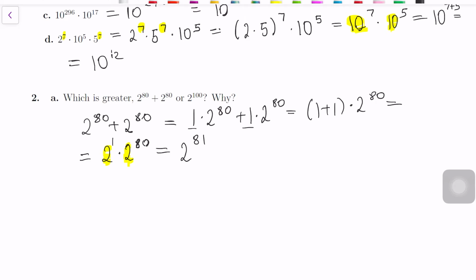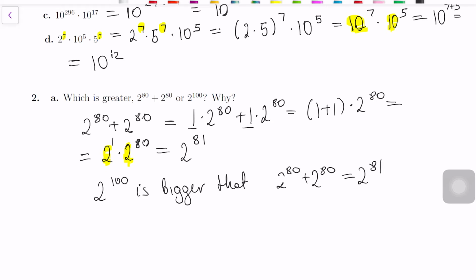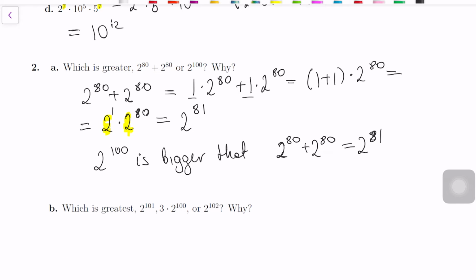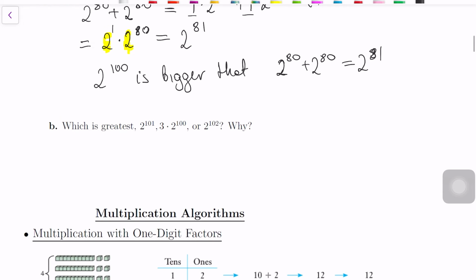So that means 2 to the power 100 is bigger than 2 to the power 80 plus 2 to the power 80, which ended up being 2 to the power 81, right? Because again, 2 to the power 81 is a smaller power than 100, which means 2 to the power 81 is smaller than 2 to the power 100.